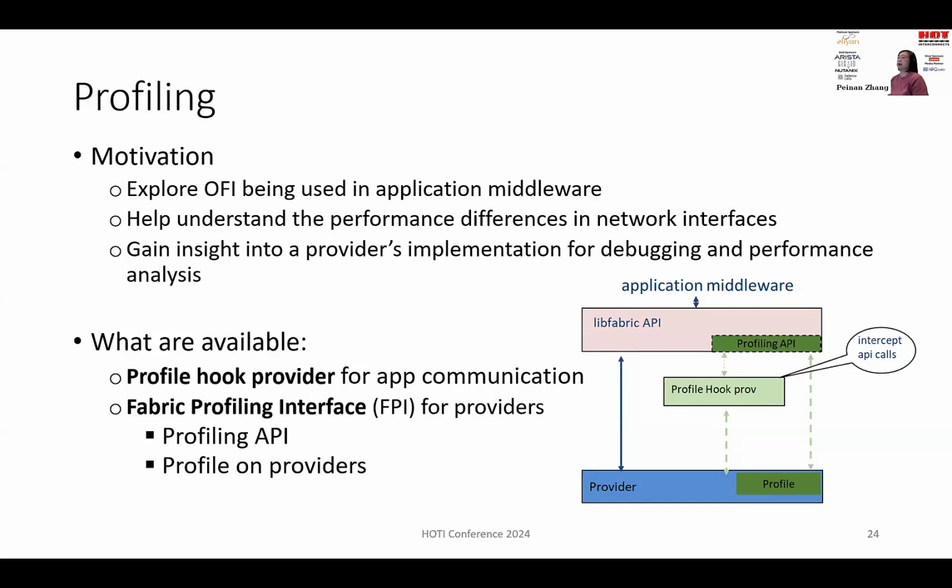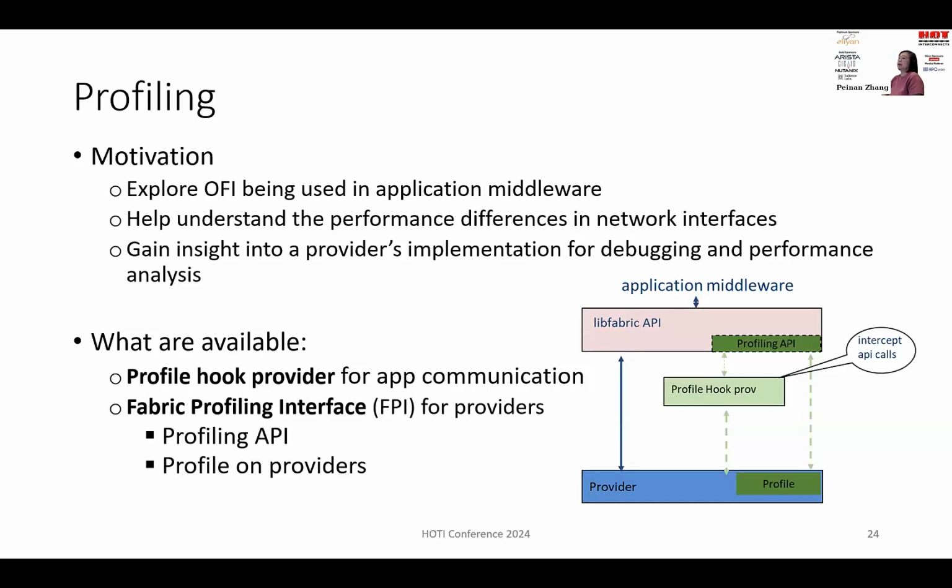Profiling provides aggregate statistics in Libfabric. Compared with tracing, profiling has much lower overhead. What features are available in the profiling in Libfabric? We have two parts. One is a profile hook. It is for understanding how communication APIs are used in application middleware.